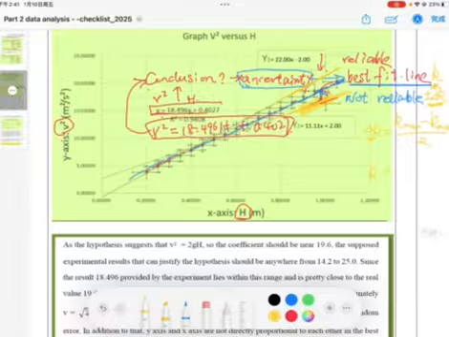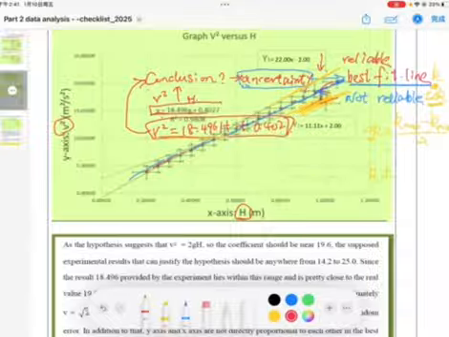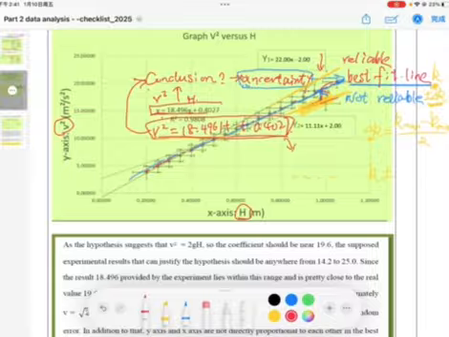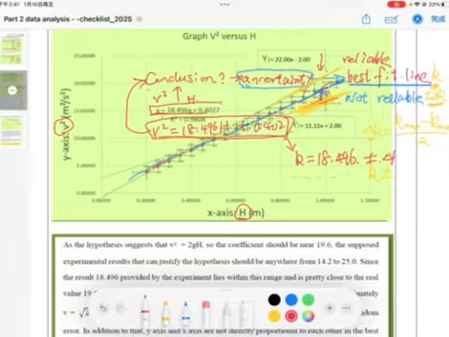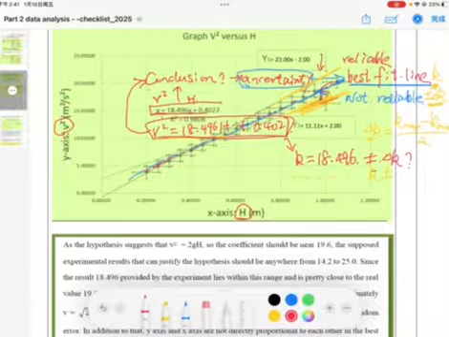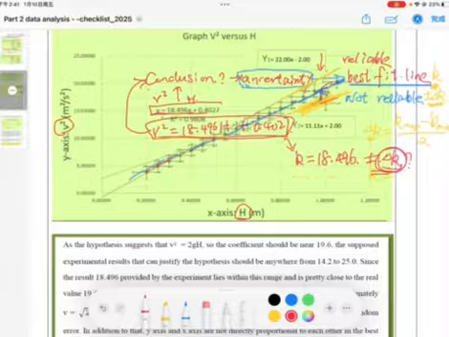So your final conclusion would be: you got the equation, I'm using red color, this is your equation, with your k equal to 18.496, but with the uncertainty of k. This uncertainty shows how reliable your conclusion is.